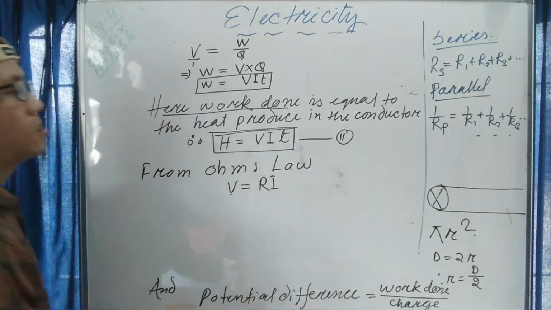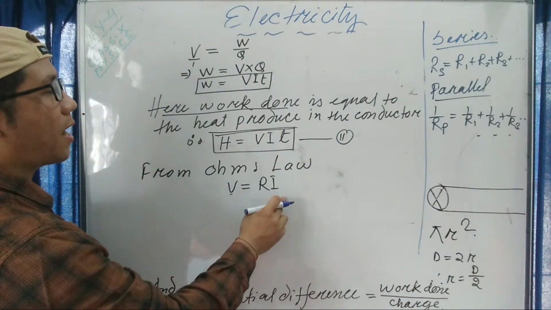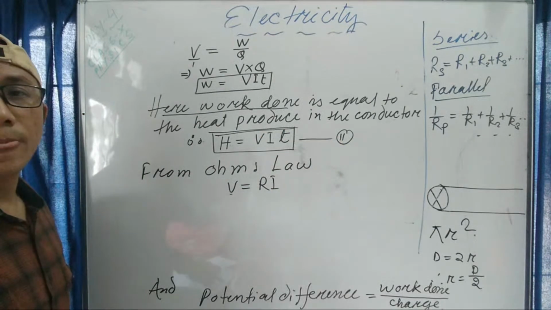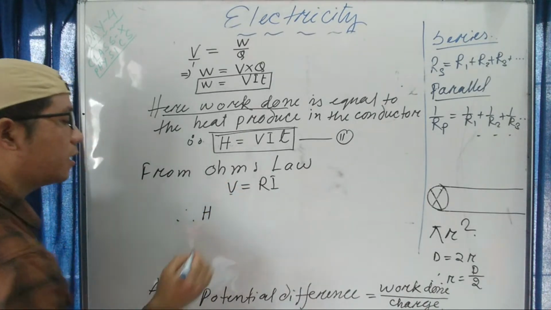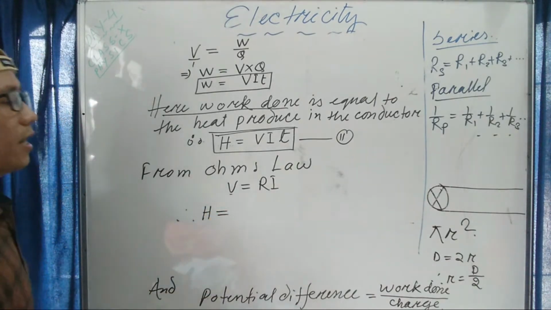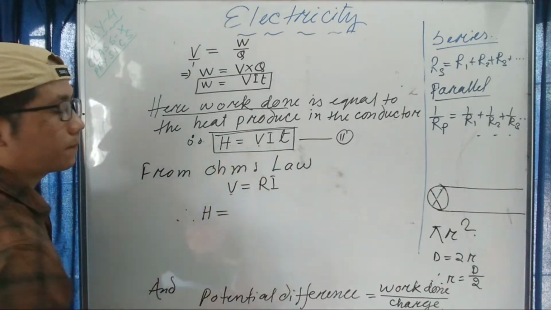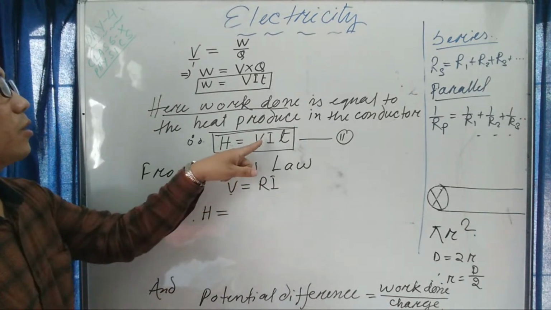We are going to put V is equal to IR in equation number 2. Then the equation of the heating effect, or heat produced by the conductor, will come with this in place of V. Don't get confused.